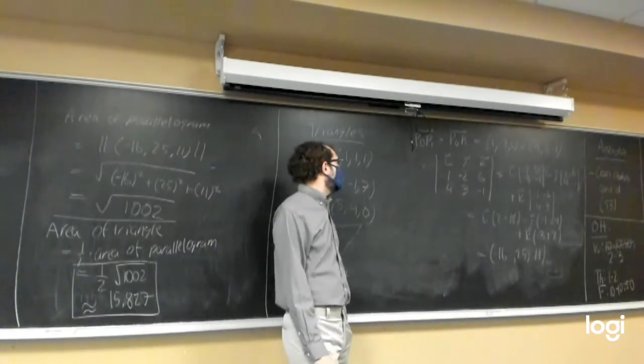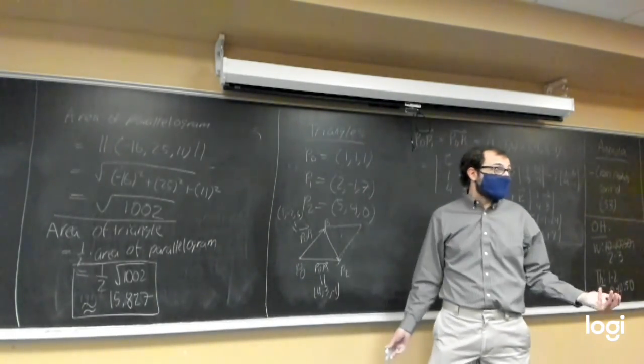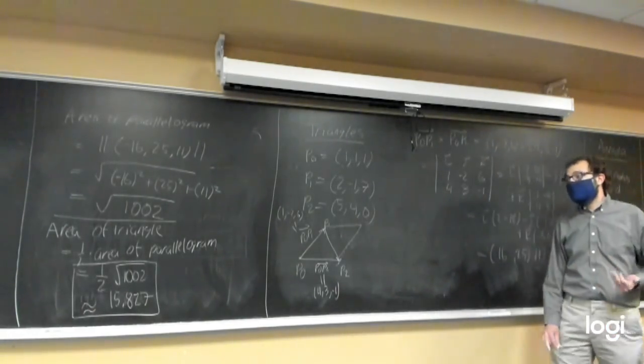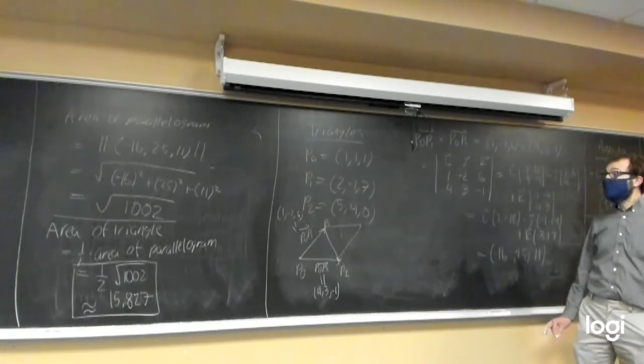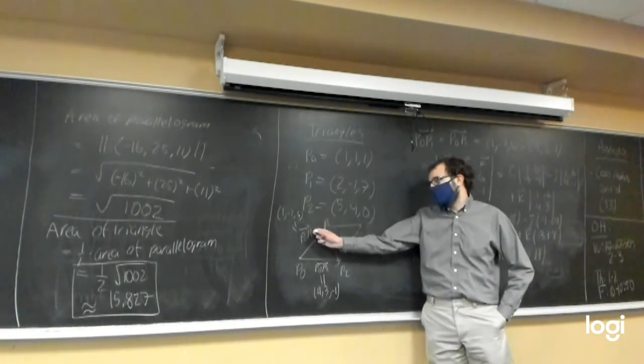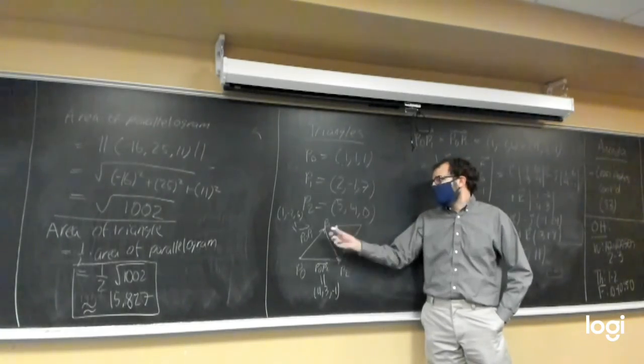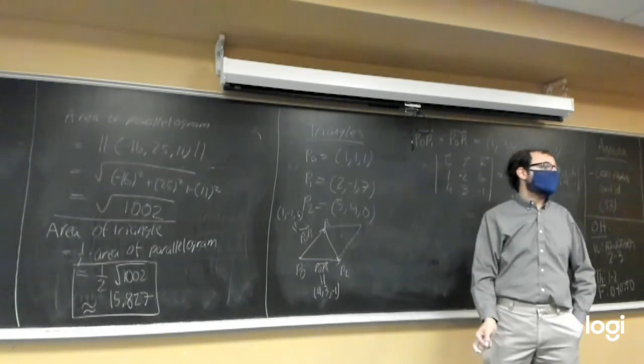So, as a reminder, given a triangle of three points like this, you can find the area by first finding displacement vectors like P naught to P1, P naught to P2. It's important that your two displacement vectors start at the same point.